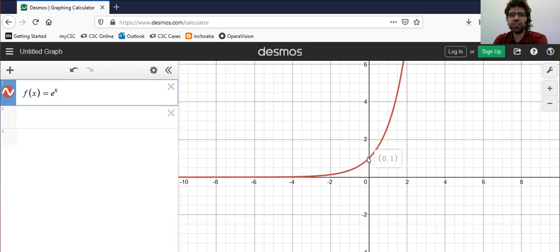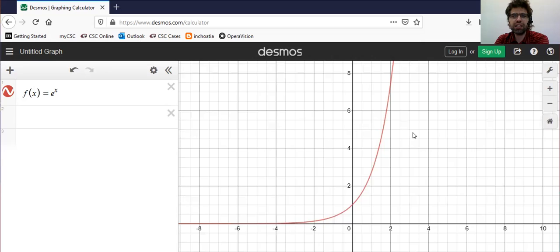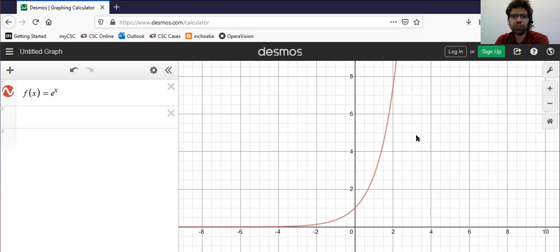It's not initially giving you, I should say, very large values. When x equals 0, e to the x is 1. And that 1 is also the growth rate. It's growing at a rate of 1. However, e to the x is an increasing function.